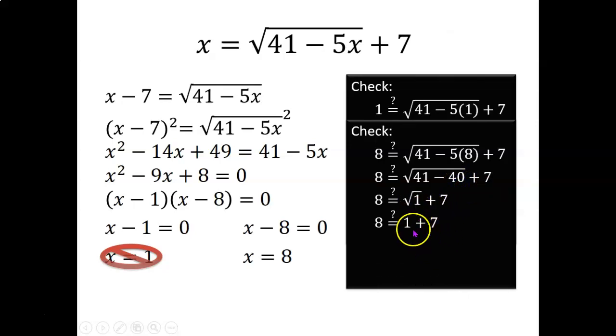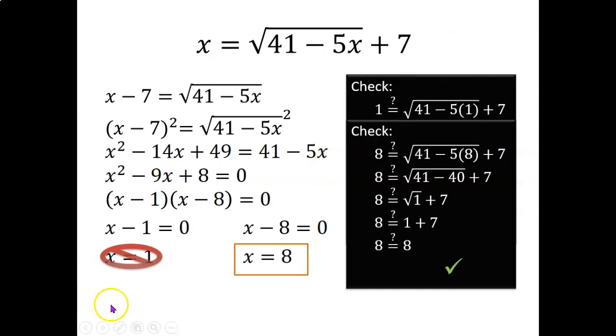The square root of 1 would be 1. And then 1 plus 7, is that equal to 8? Sure. 8 is equal to 8. The equation does check out. So that is a solution. So the one solution to this equation, the one thing that you can put in for x and have the equation be true, is 8.